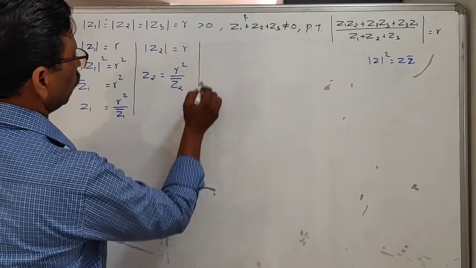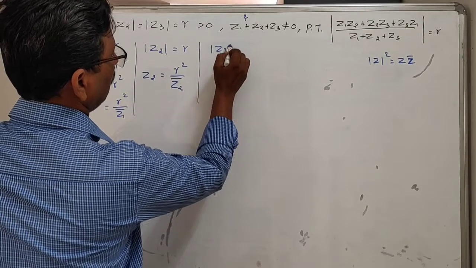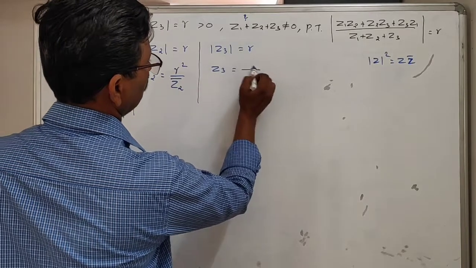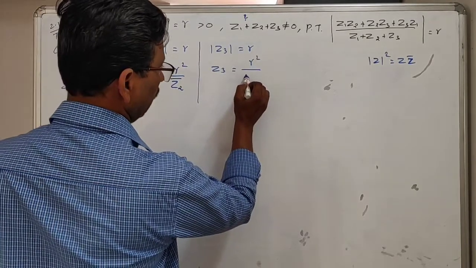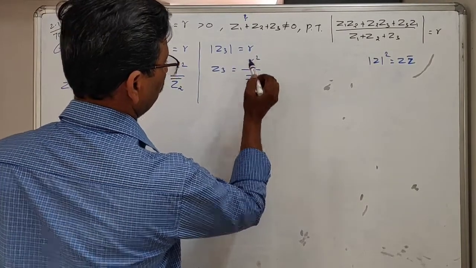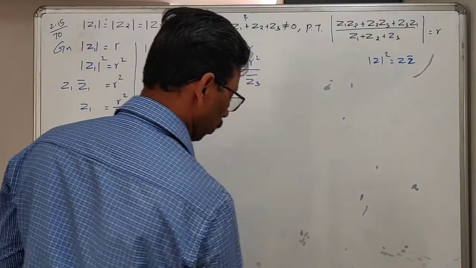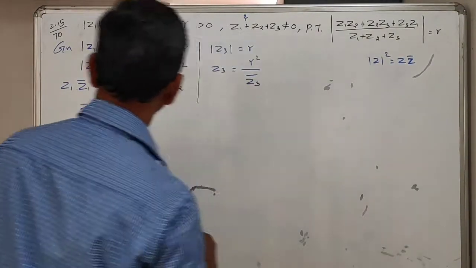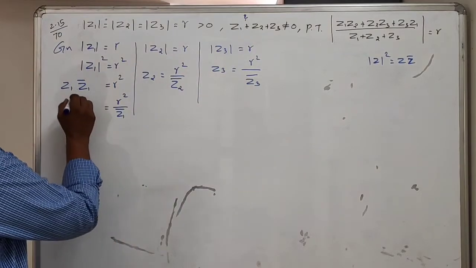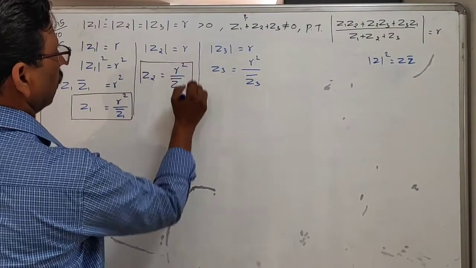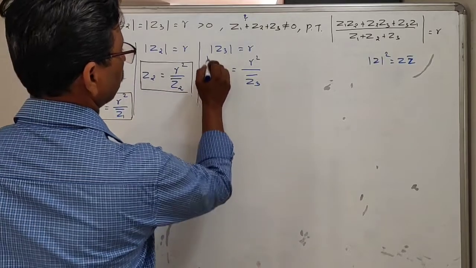Similarly, you can go for the next one. Modulus Z3 is equal to R means Z3 is R square by Z3 bar. These three results are required for us to prove the given result. Therefore, these are very important.